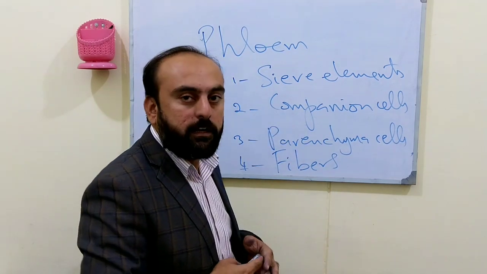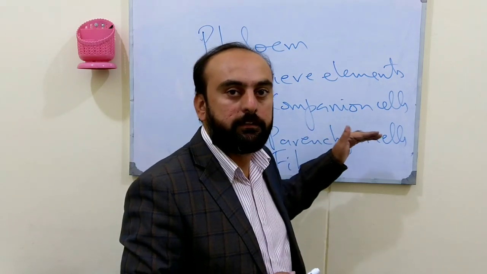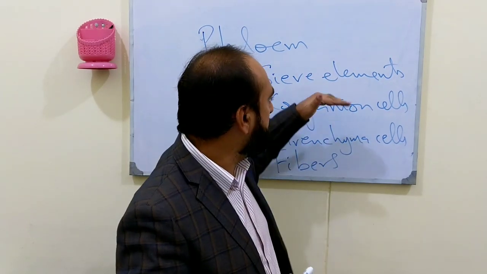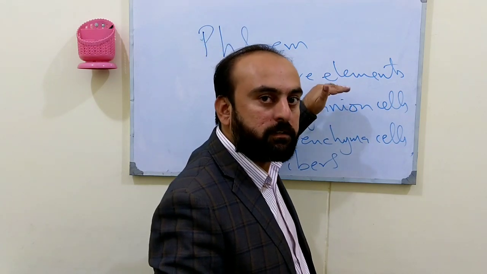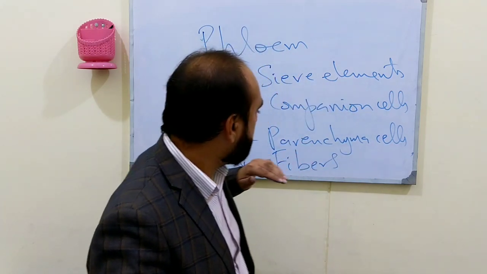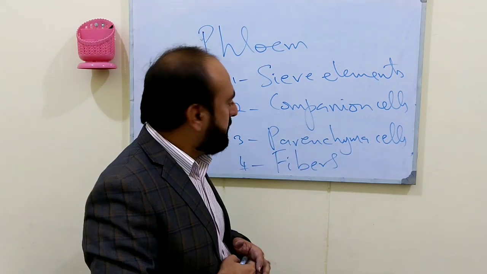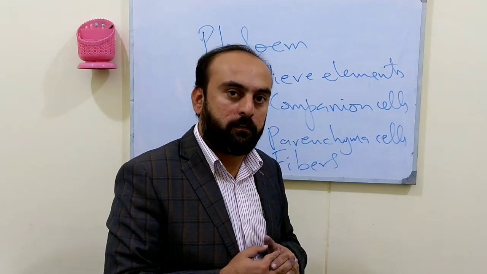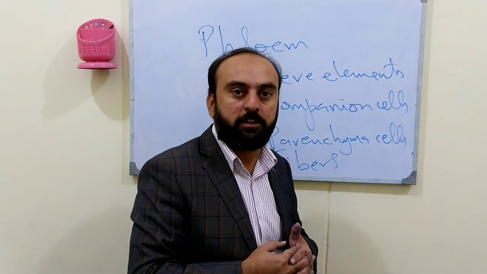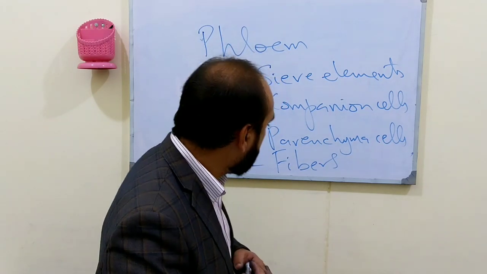These companion cells are specialized parenchyma cells that help maintain the pressure gradient and support these sieve elements or sieve plates. The phloem parenchyma cells are responsible for storage of food in the form of starch or proteins or fats or tannins in some cases.